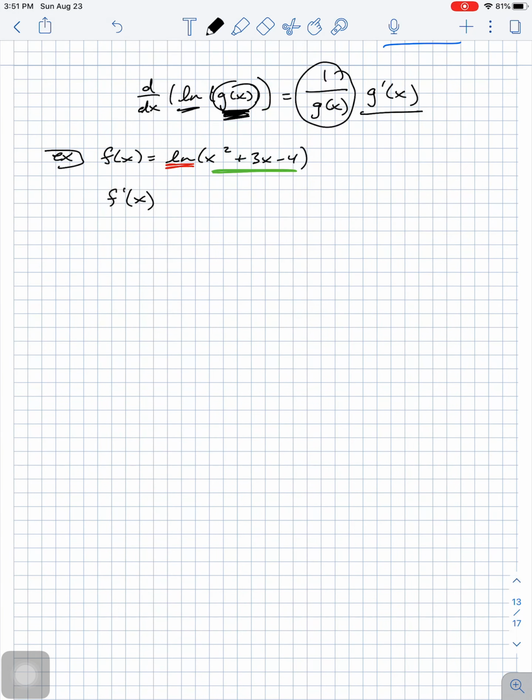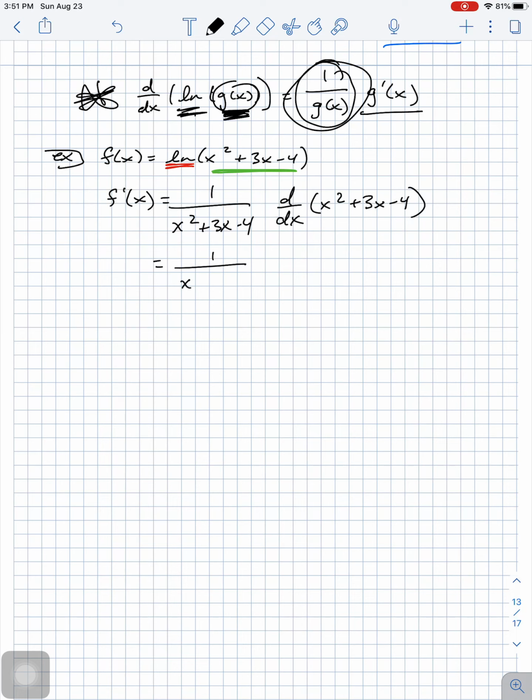So when I'm taking the derivative, I go, okay, my outside function is natural log. So that leads me to this formula. And I'm like, okay, the way I take the derivative of log is I put 1 over the stuff. All right, so this is going to be 1 over all the stuff. And then I'm going to multiply by the derivative of all that stuff. So the natural log goes away when you do the derivative.